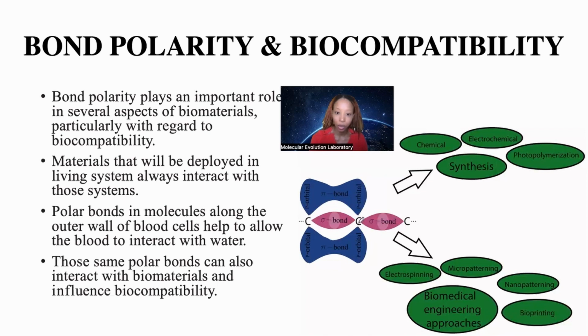It also shows the polar bond and the importance in electrospinning, micropatterning, nanopatterning, and bioprinting, and these are all biomedical engineering approaches. And the important thing is that bond polarity is important in chemical synthesis as well, for photopolymerization and electrochemical synthesis.